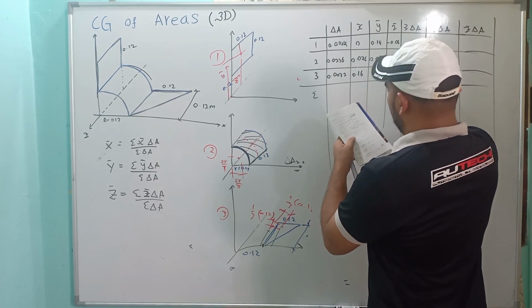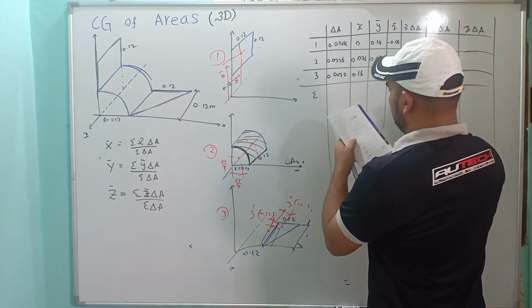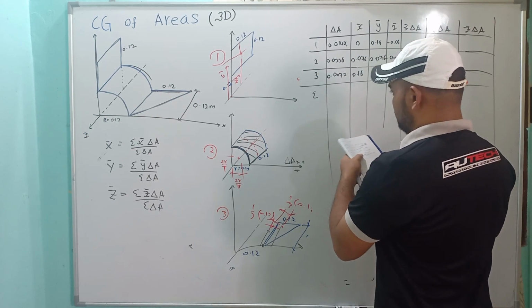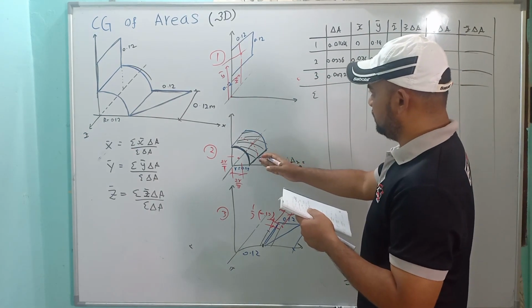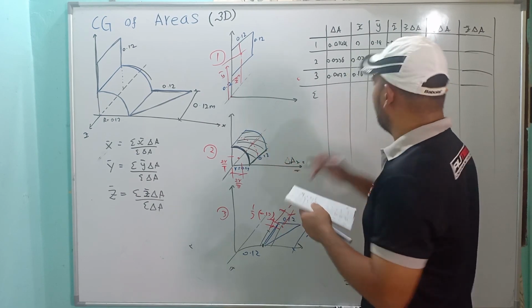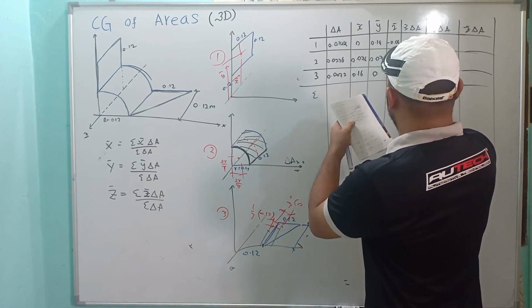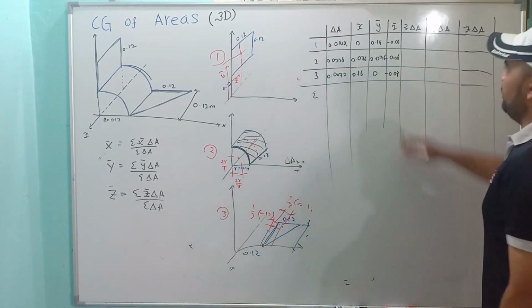This is 0 minus 0.06, and 0.06 here, also minus. Minus 0.08.